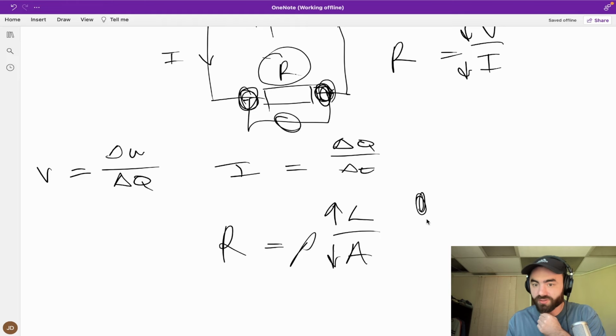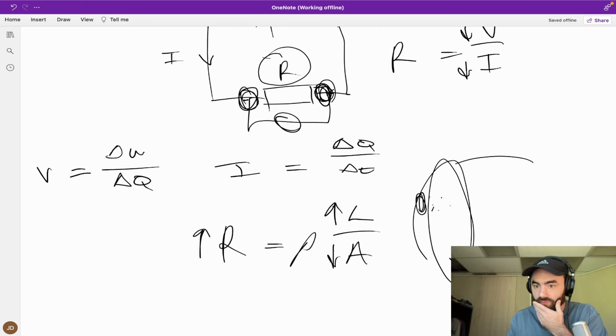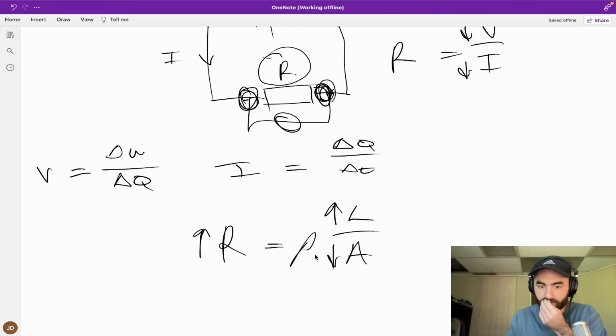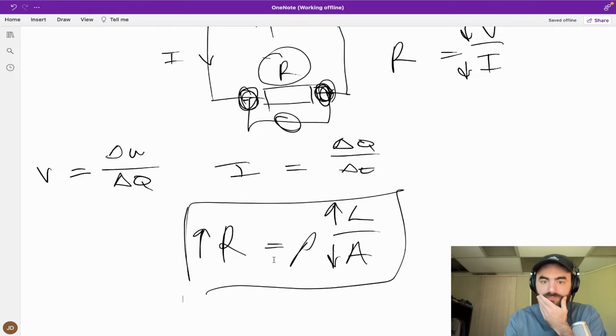If we decrease this cross-sectional area, you could think of it like the particles in the resistor itself are all going to be closer together, and it's just got a smaller, tighter space to push through, so it's going to be harder to get through. If we increase the area of this wire, it's going to be easier to get through. Maybe that's one way to think about it, but this is an important equation.